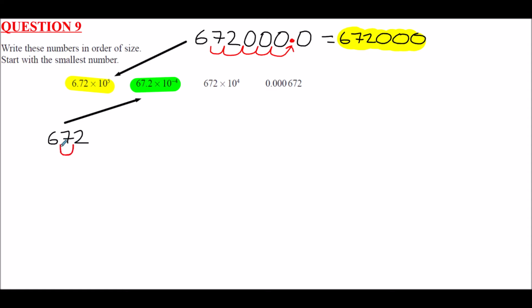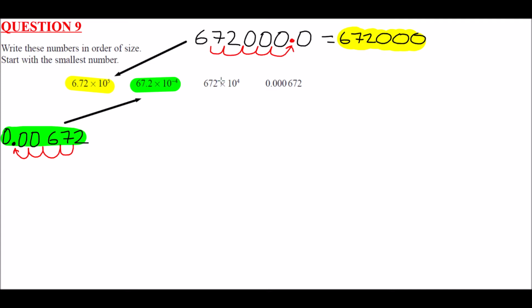So 1 place, 2 place, 3, 4. The decimal is going to end up here. There's nothing before the decimal, nothing in maths is a 0. It jumped over nothing here, nothing in maths is a 0. Jumped over nothing there, which again is a 0. So this one is 0.00672.